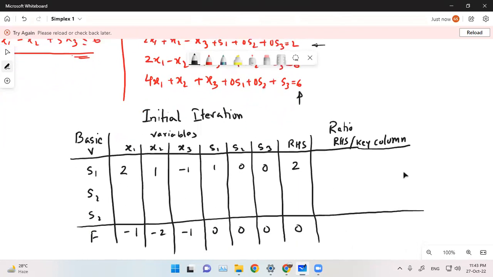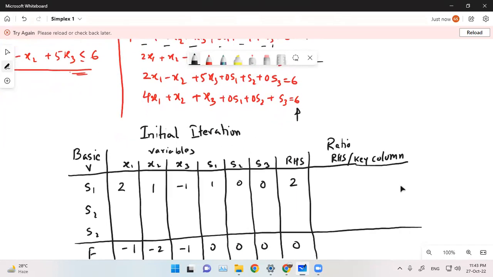We can easily write the next one: this combination will be 0, 1, 0, 0, 0, 1. And the rest you just have to fill up: 2, -1, 5, and 4, 1, 1. So the table is done.